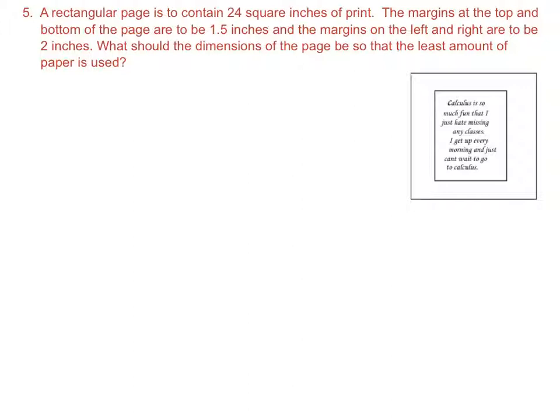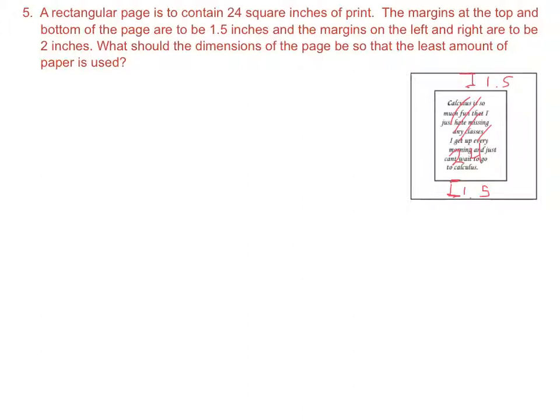And so I have a picture that represents the situation, and what we have is the middle inside, that area is 24 square inches, and the margins at the top and bottom are 1.5 inches, and that's from here to here, and then from here to here also, are 1.5.